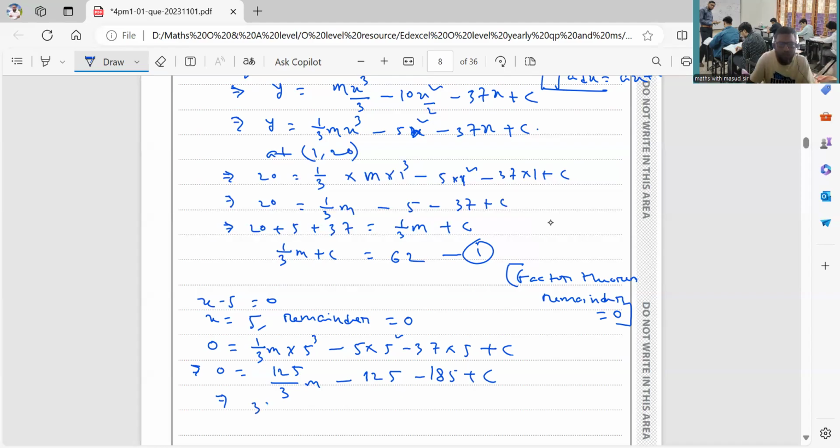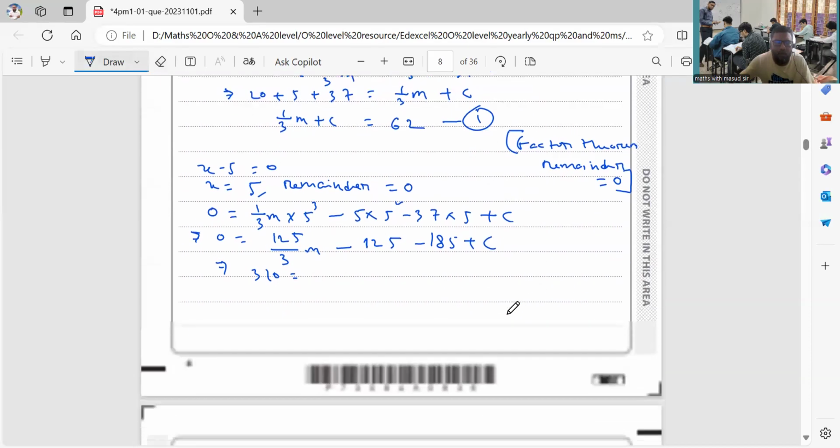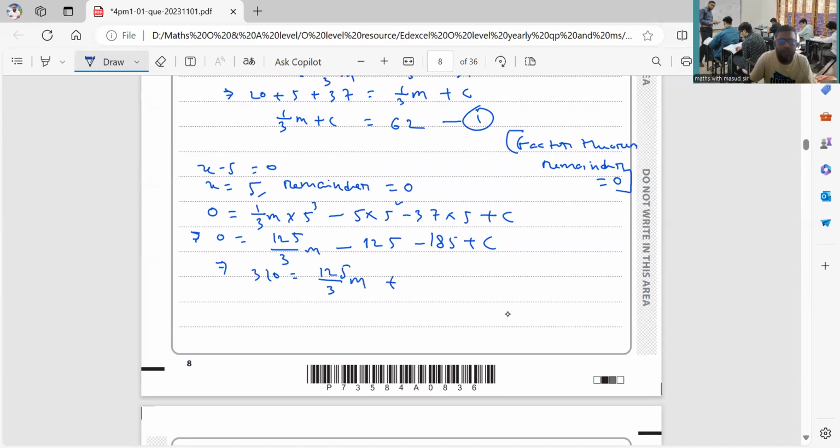So you can write 310 on the left side, and the right side will be, sorry, 125 by 3m plus c. So this is the equation number 2.